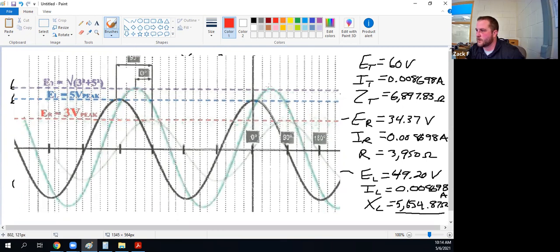Ignore the top peak right now. You have voltage across the capacitor and voltage across the resistor. If those were lined up with each other, which they would only be in a purely resistive circuit, then you could just add those two peaks up for total voltage. But because they're out of phase, the total doesn't end up here, it ends up right here.